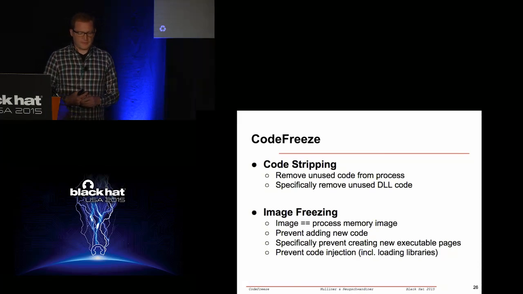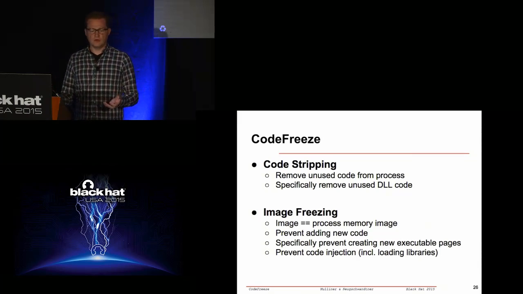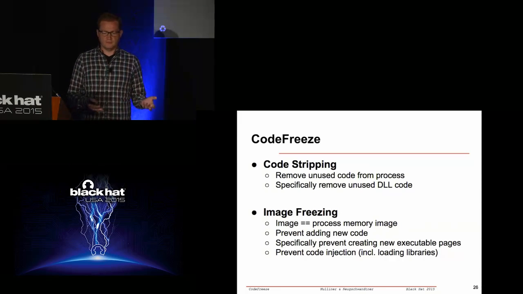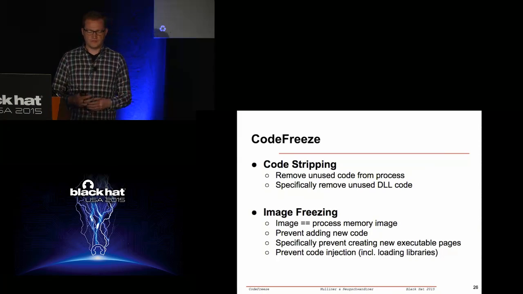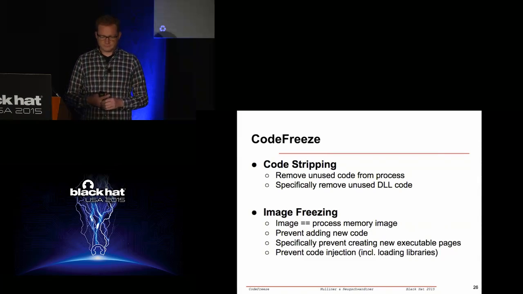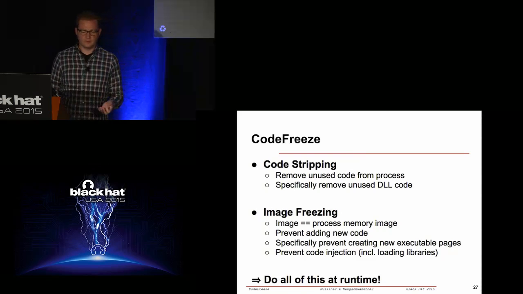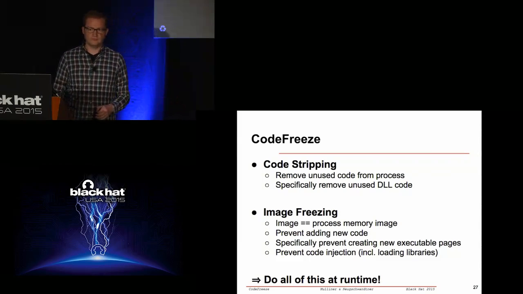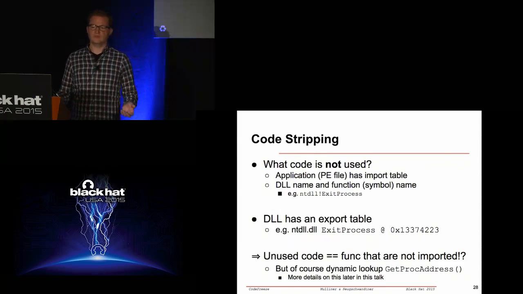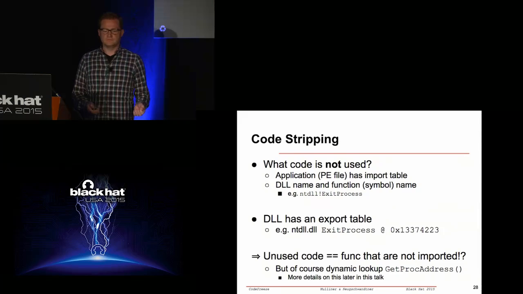And image freezing basically is the idea that we want to prevent loading new code into the process's address space. Specifically, we just prevent creating new executable pages, which also prevents, for example, code injection via library loading. And as I said before, we do all of this at runtime, so there's no modification of the applications at all.